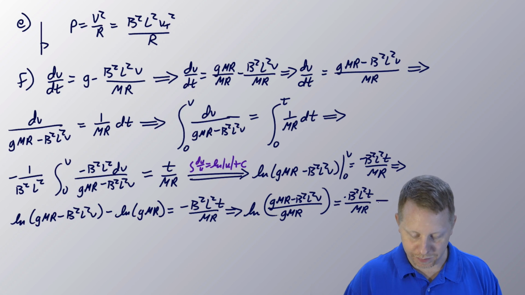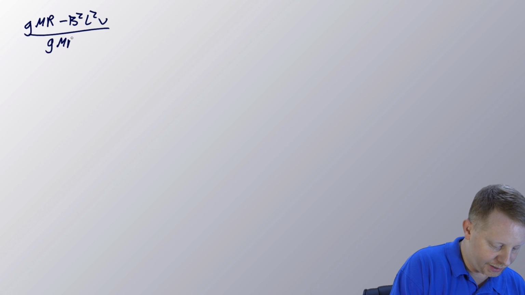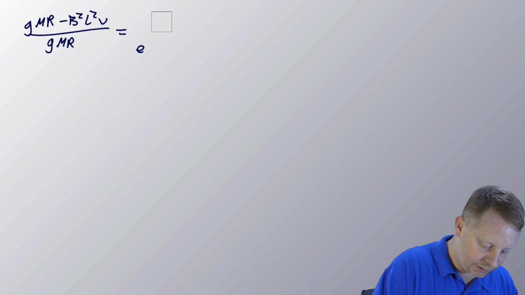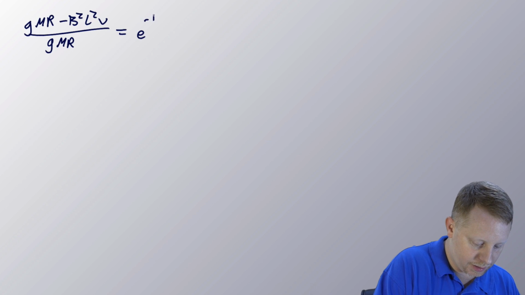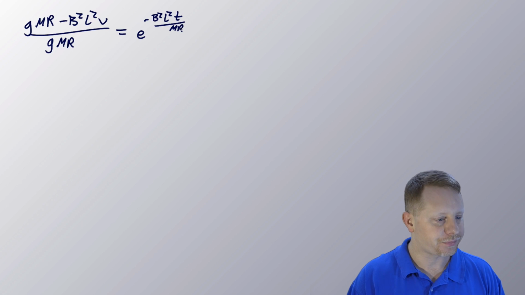All right, I'm going to go to another page for our next part here, give ourselves a little more room. So this implies then, well, let me make sure I know where we're at. This implies then that G capital M capital R minus B squared L squared V over G capital M capital R is equal to e raised to the minus B squared L squared T over MR, as I raise both sides e to that power.